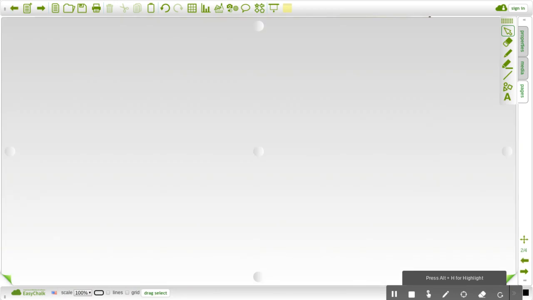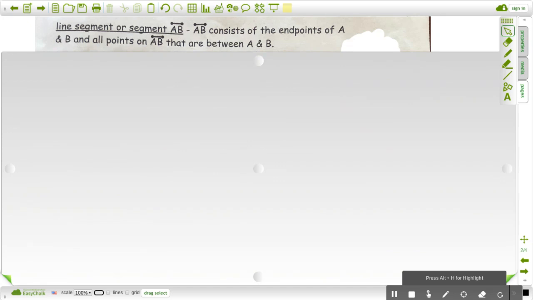Today we're going to be learning segments, rays, and distance. So what is a segment? Or you can also call it a line segment. A segment consists of endpoints, and it's basically a line but has no arrows.